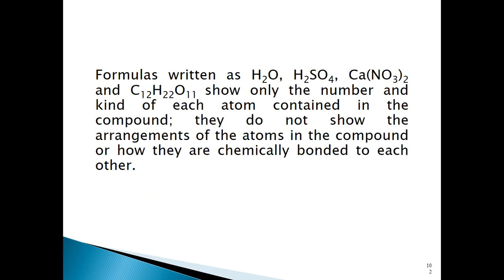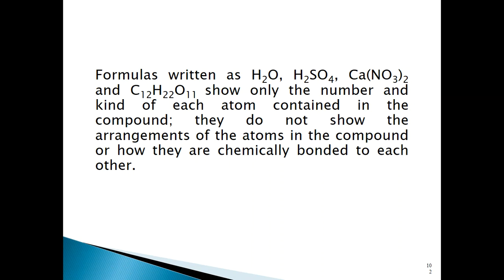All right. Okay, now it says here that formulas written as H2O, H2SO4, calcium nitrate, and this compound, which is sucrose, show you only the number and kind of each atom contained in the compound. What they do not show is how the atoms are arranged or how they are chemically bonded to each other. So what this is talking about is a limitation of these representations.